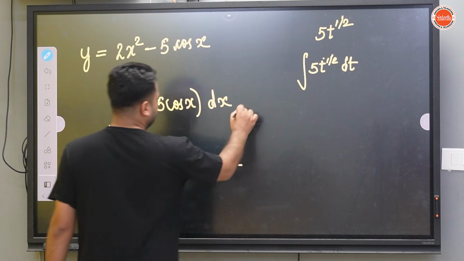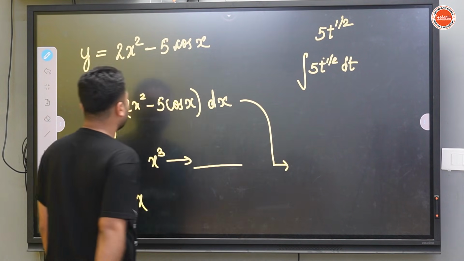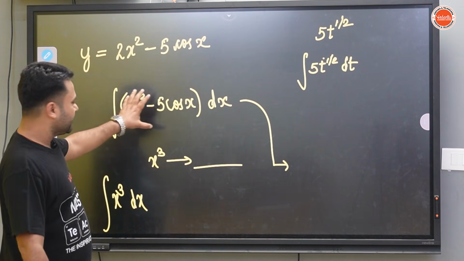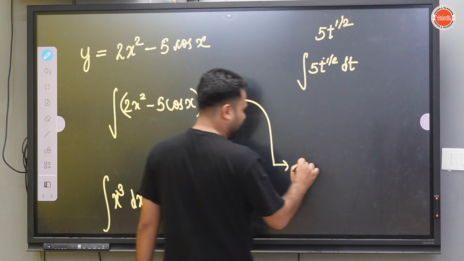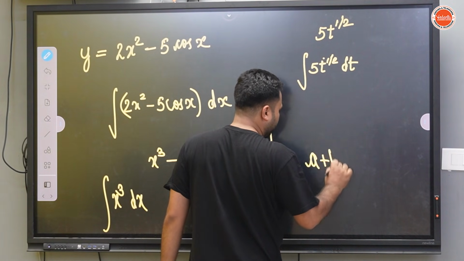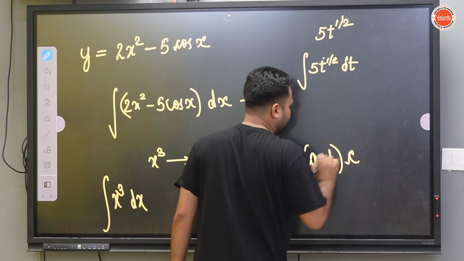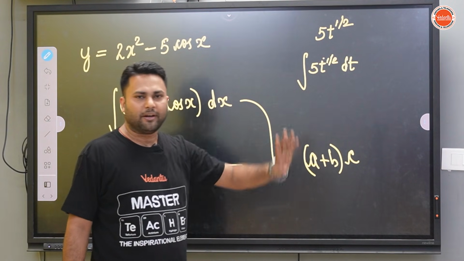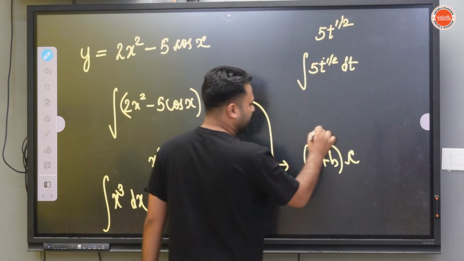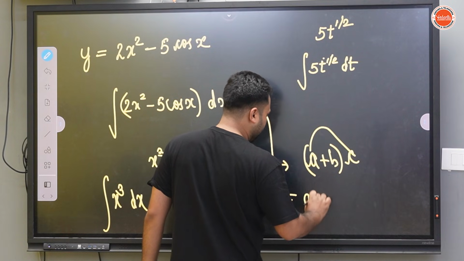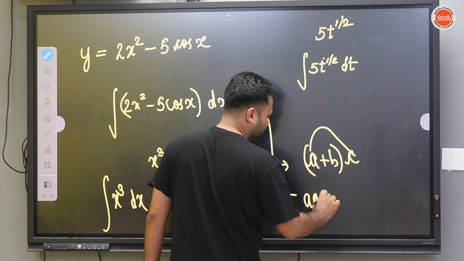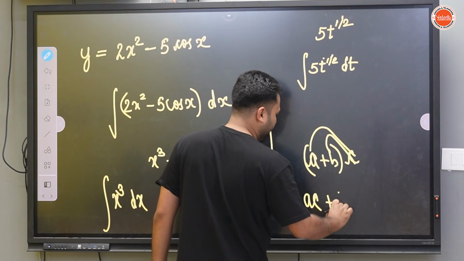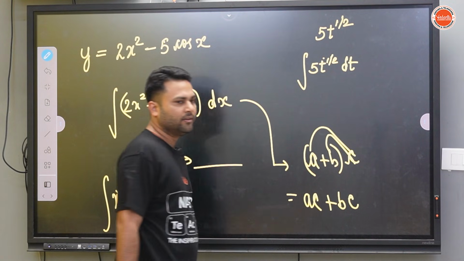Now let's find this answer. For this, I will tell one basic: suppose a plus b multiplied by c. What do we do? A multiplied by c, then plus, then b multiplied by c. This is the basic.